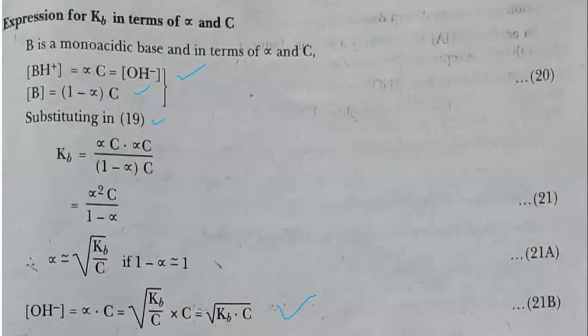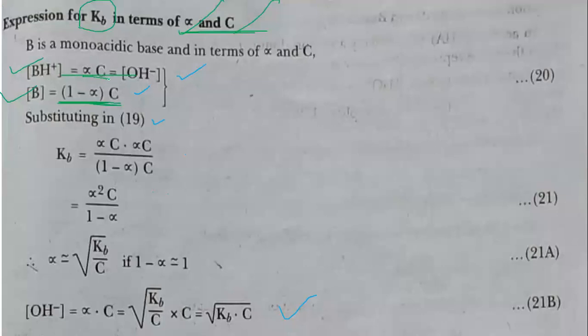So how can we take the expression for Kb in terms of alpha and C? Previously we have seen the expression for K in terms of alpha and C. In the same way, BH+ or OH- is equal to alpha C, and the concentration of reactant becomes (1 minus alpha) into C, after time t.